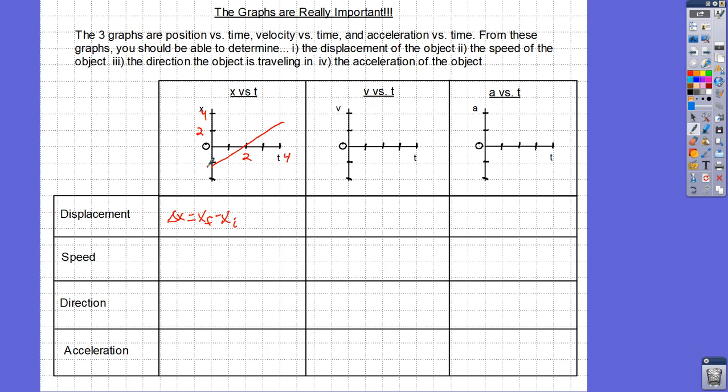So speed and direction. Remember that on this graph, we know that slope equals velocity, and velocity contains both speed and direction. So the speed is equal to the slope. We look at the steepness of the slope, in other words, the number.